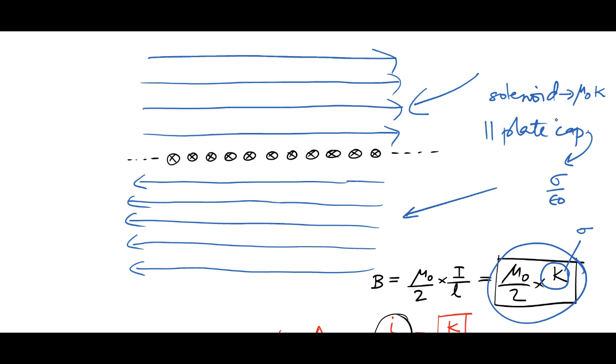So the idea is, a solenoid and the parallel plate capacitor are analogous devices in magnetism and in electrostatics respectively. And the field in a solenoid, the magnetic field, when you write it, you write mu naught in the numerator. For a capacitor, the electric field, you write there's epsilon naught in the denominator.